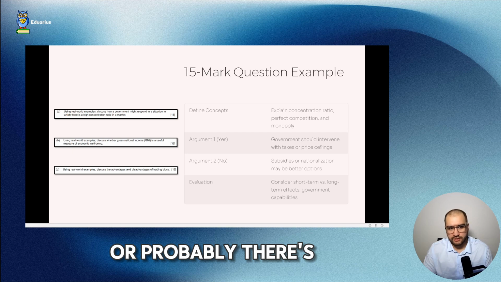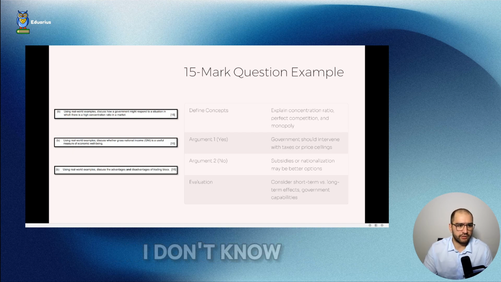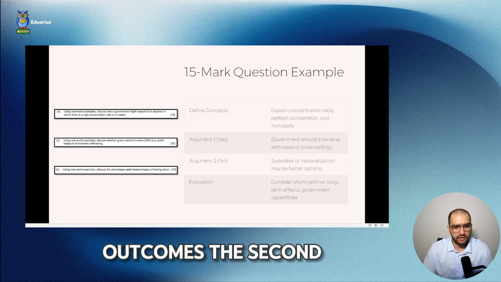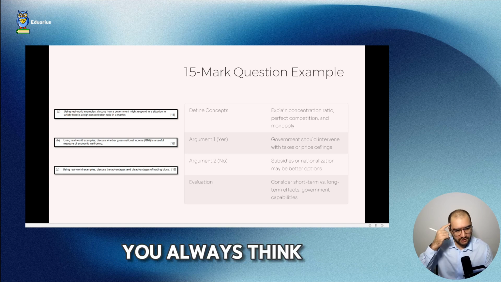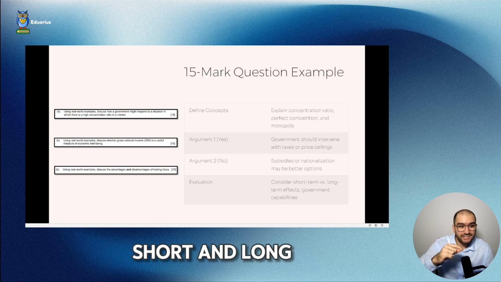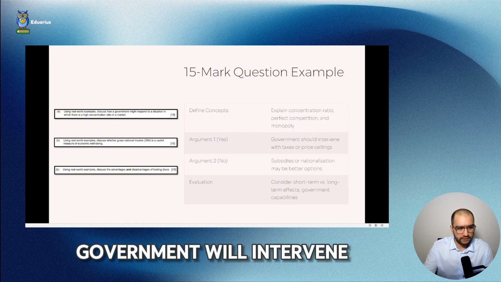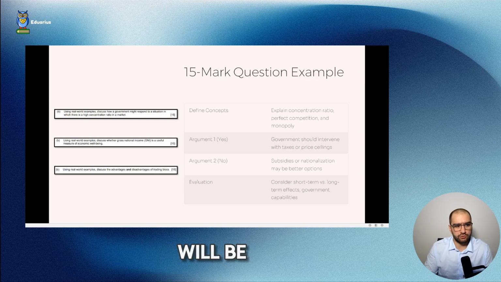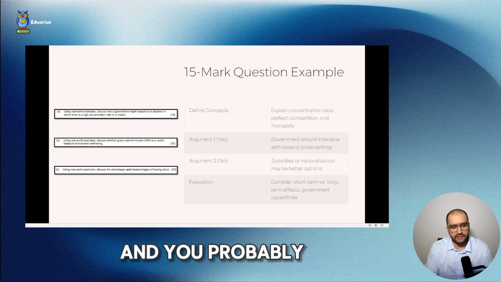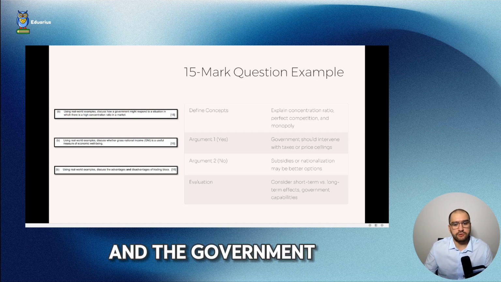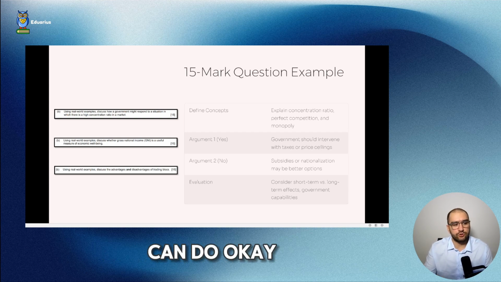The second thing, you always think about short and long-term effects. If the government will intervene, what kind of short-term outcomes will there be, and you can describe the long-term effect. And the government capabilities, what they can do.